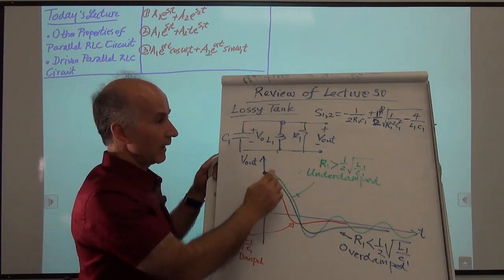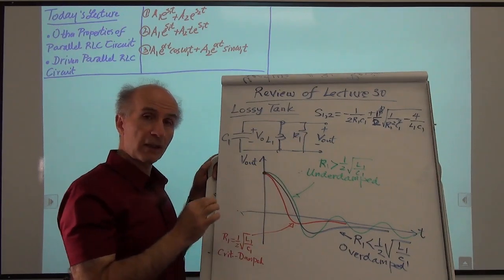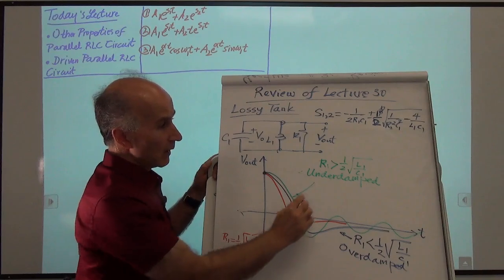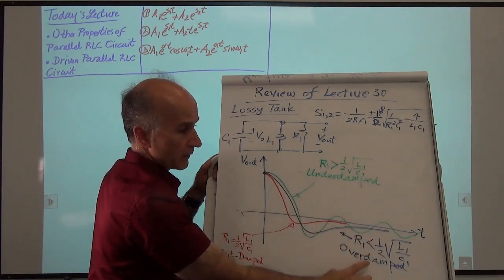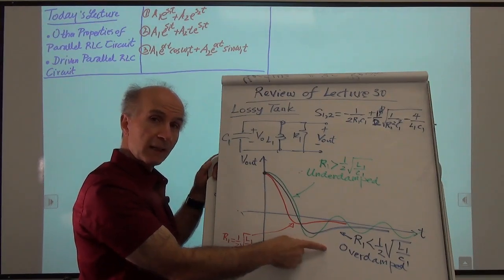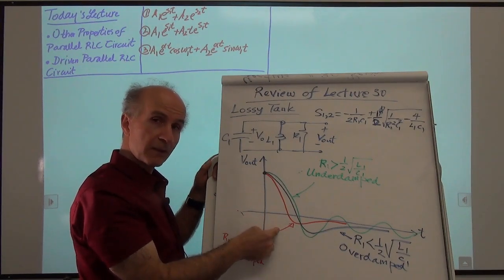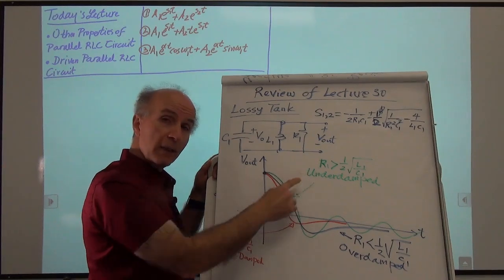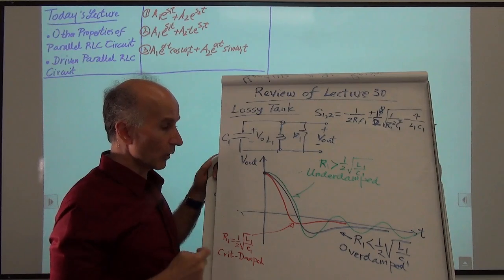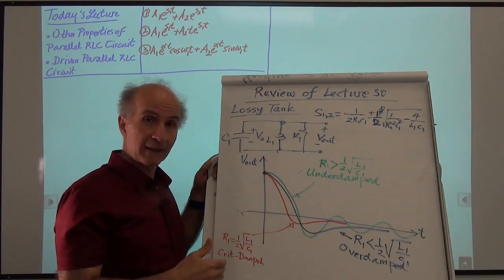So we see that if this resistor is not very large, if it's small enough, below this limit here, in this case, we have an overdamped response. If it's equal to that limit, we have a critically damped response. And if it's large enough, we have an underdamped response. So, which one of these responses is desirable?